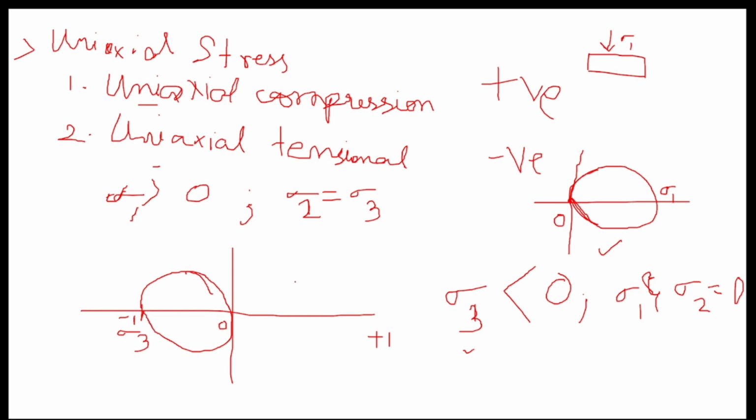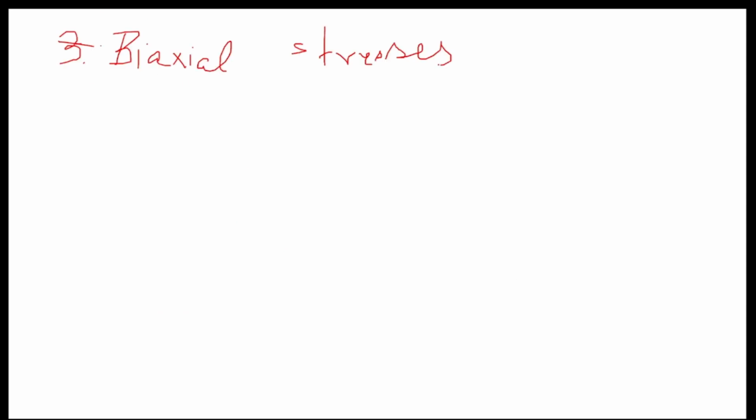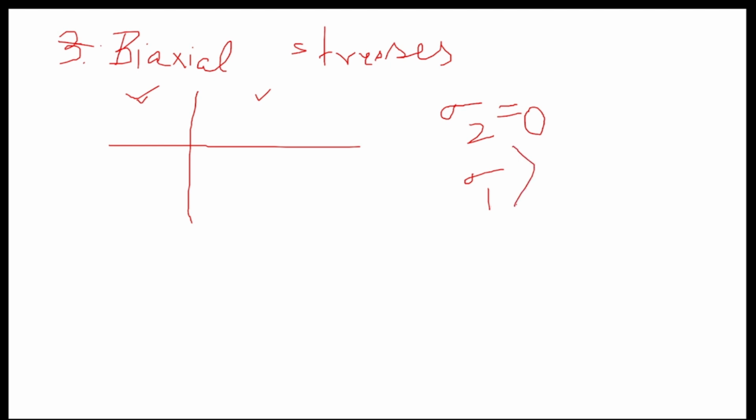Then we have biaxial stresses. From the name itself, the values must be on both sides, compression and tension. So biaxial stress is what? Sigma 2 will be 0 and sigma 1 will be greater than 0, but sigma 3 will be less than 0.